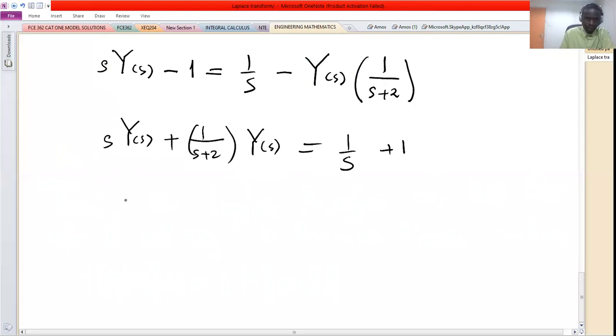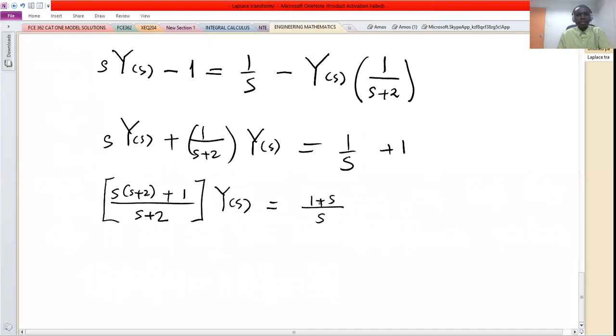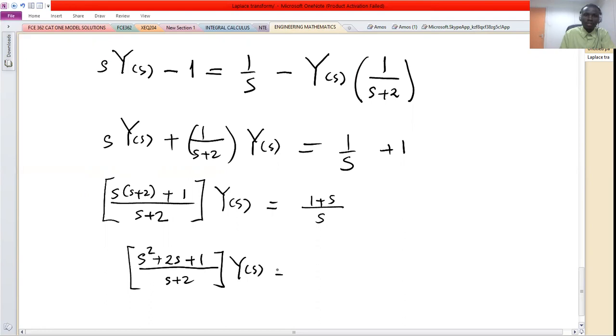And then this, you can say, is s plus 2, s into s plus 2, and then plus this one is just 1, and then capital Y of s equals, LCM here is s, so 1 plus s. So that's what we have, or s plus 1. And then this coefficient of capital Y will have s squared plus 2s plus 1 divided by s plus 2, and then capital Y of s equals s plus 1 over s.